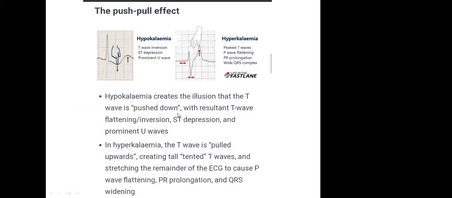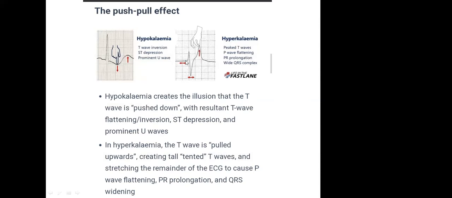In hyperkalemia, the T wave is pulled upward. It creates a tall tented T wave, taller in comparison to the height of R in the QRS. There will be flattening of P wave if we do not pick the peaked T wave and do not catch hyperkalemia.